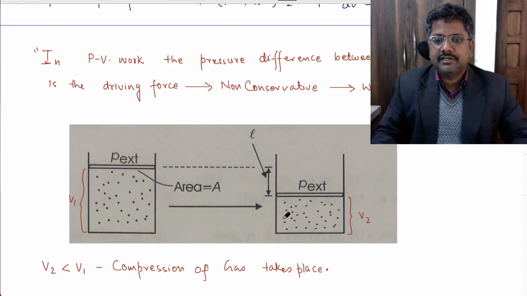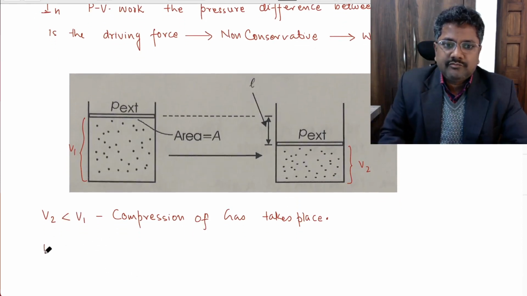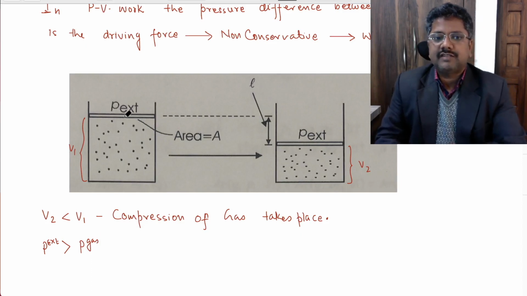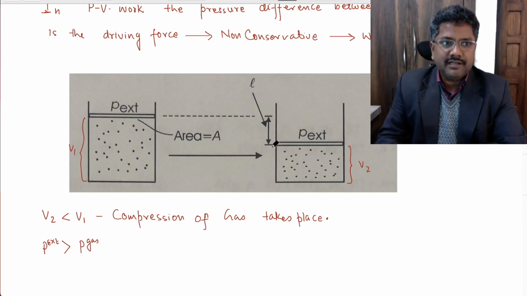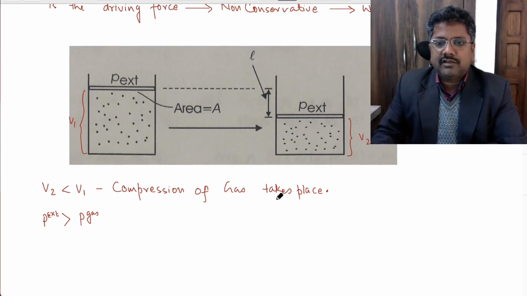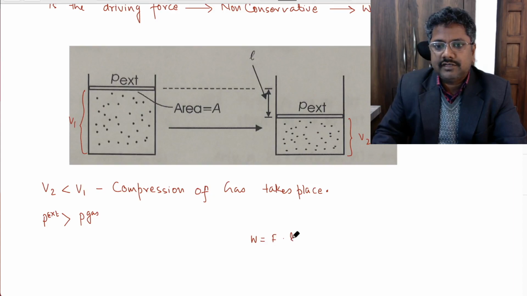That is the first piece of information. Second, P external is more than P gas, which means external pressure is more than P gas, therefore the piston is shifted by this distance L. Work is equal to F dot L, where F is the applied force and L is the distance.